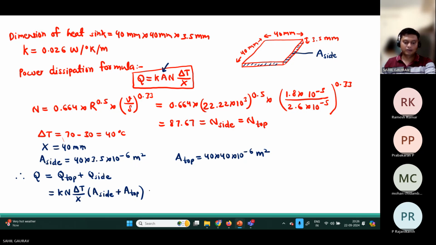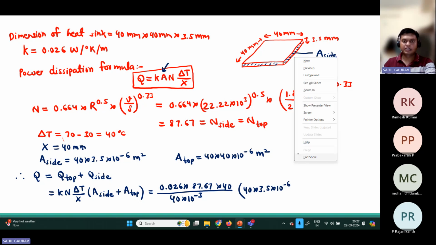So we will write it as: k value is 0.026, and Nusselt's number is 87.67, and delta T is 40, and this characteristic dimension is 40 mm, and area of side will be 40 into 3.5 into 10 to the power minus 6.